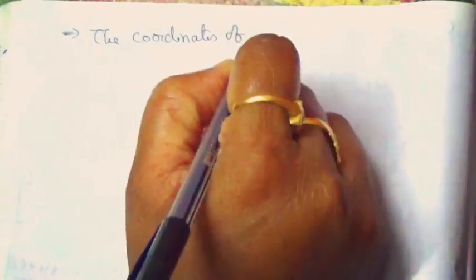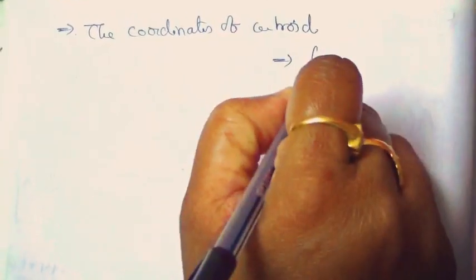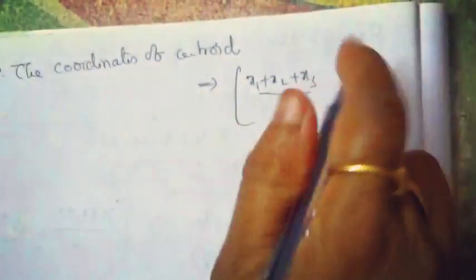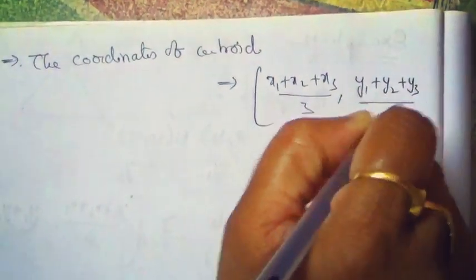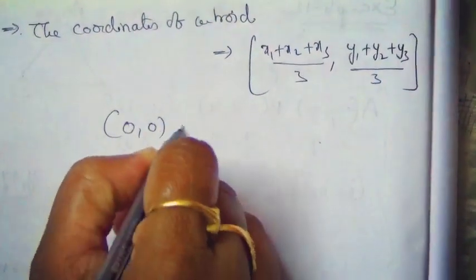The coordinates of the centroid are x1 plus x2 plus x3 by 3 comma y1 plus y2 plus y3 by 3. Here it is the origin 0 comma 0.